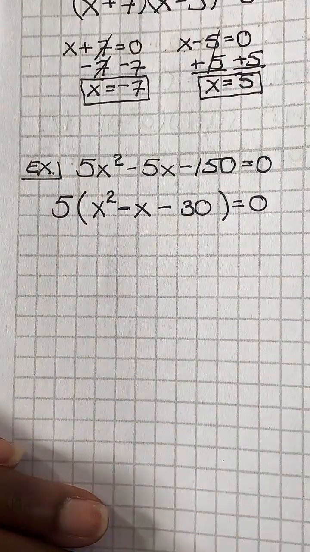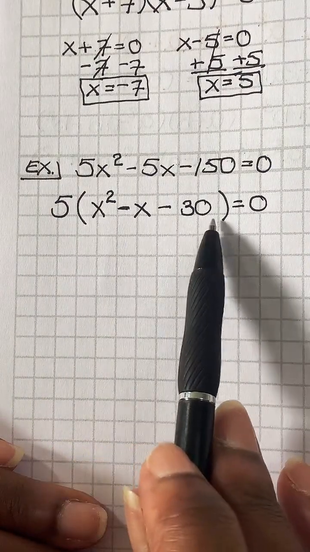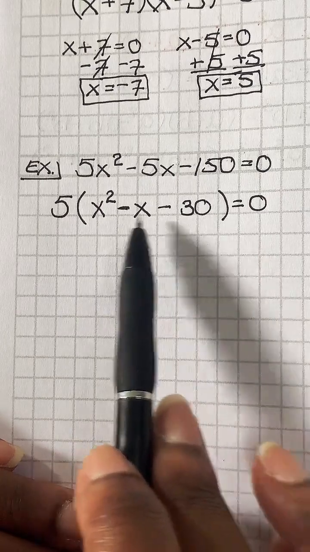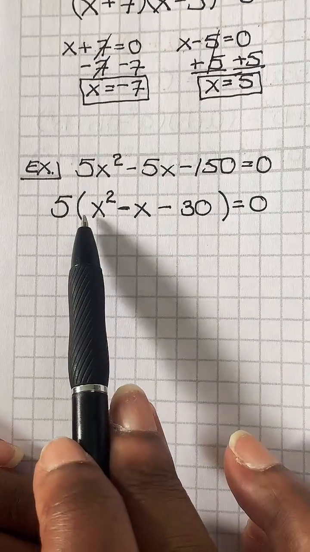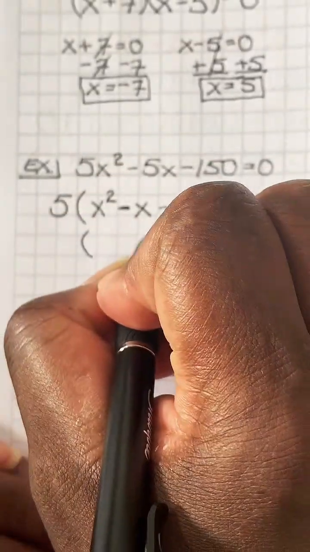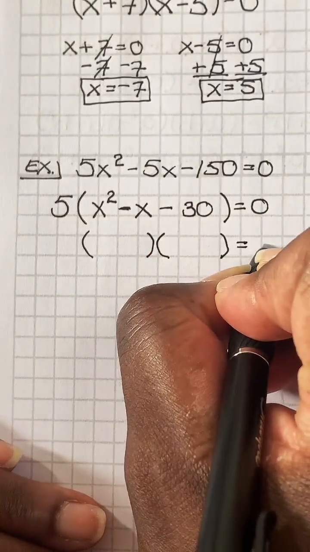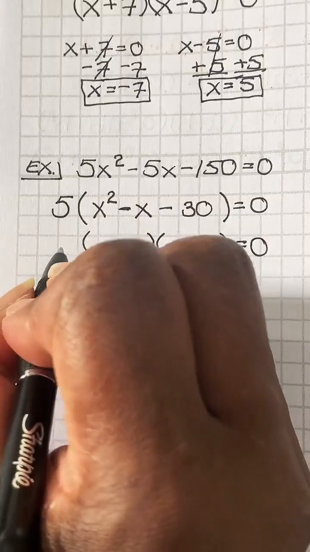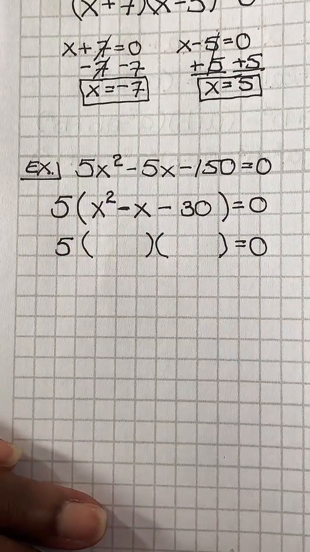All right, so now, inside the parentheses here, let's see if that can be factored even further. My leading coefficient is 1, so right away I'm setting up my 2 parentheses. Bring down my equal 0. Don't forget my trifling friend, bring down that 5.